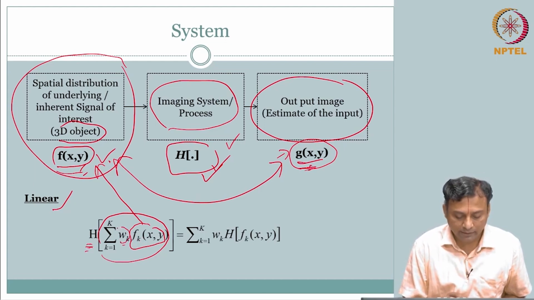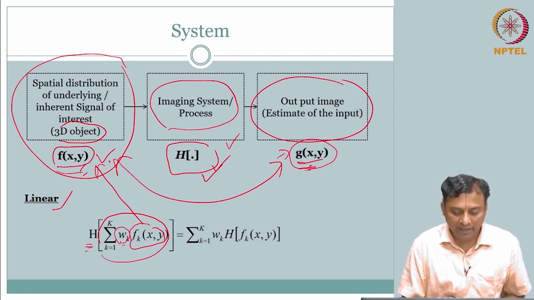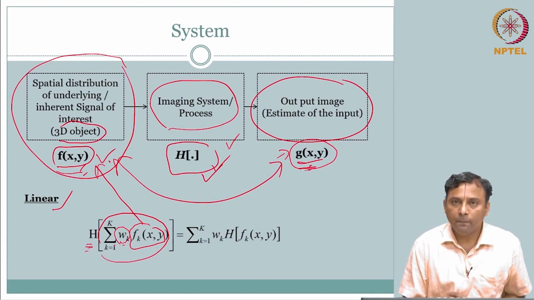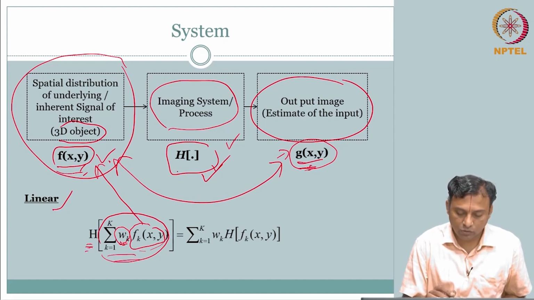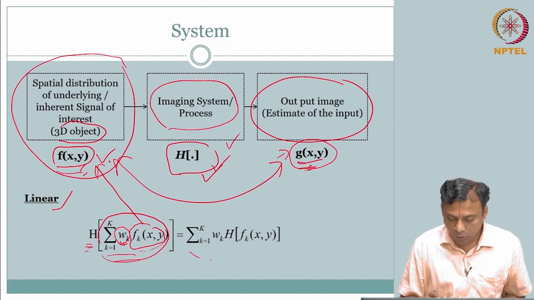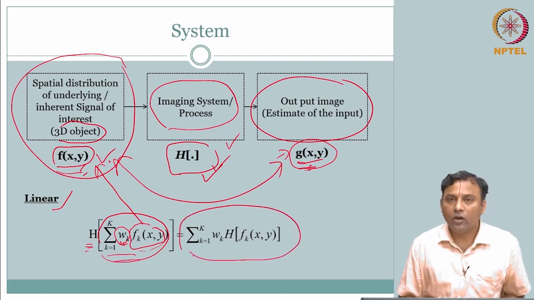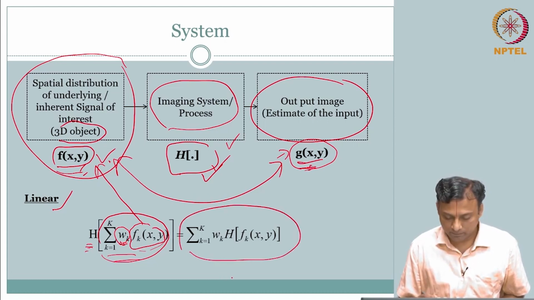Each one has its own weightage. So, a weighted sum, right? This is a summation. So, when you give an input that is not one input, but a weighted sum of several inputs, if you pass that through the system, the output, right? The output is going to be what?